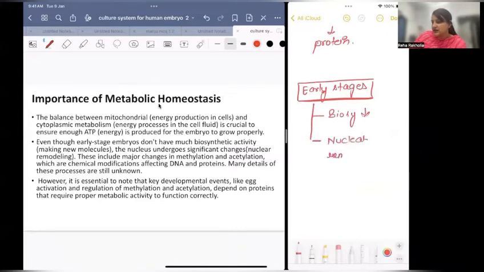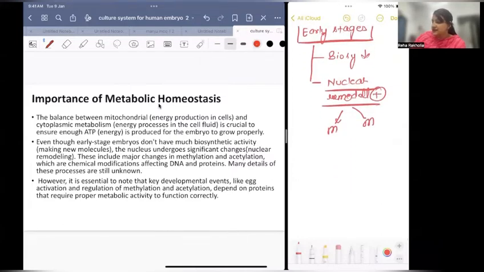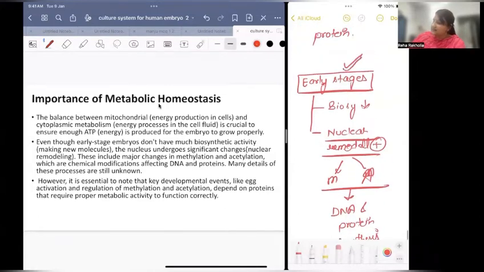Nuclear remodeling is present, which means there is methylation and acetylation. These, methylation and acetylation, affect DNA and protein synthesis. We are talking about early stages.